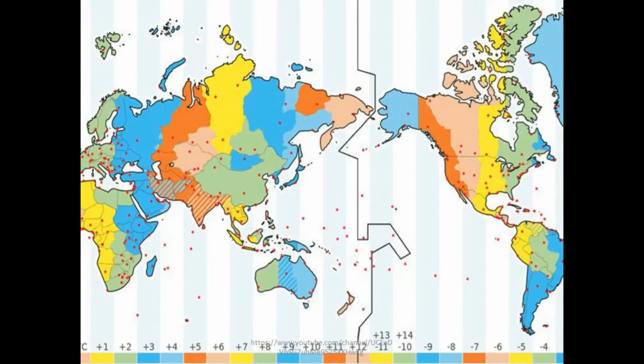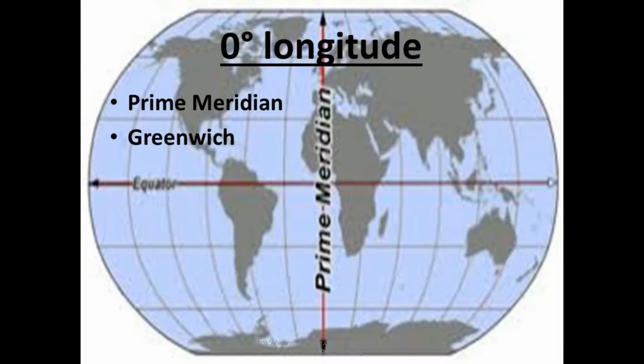Next, this is the international dateline. Actually, this is the prime meridian at 0 degrees. From this 0 degrees, they count 180 degrees towards the east and 180 degrees towards the west, so then the circle will complete. We can see here 180 degrees from this side and 180 degrees from the other side.